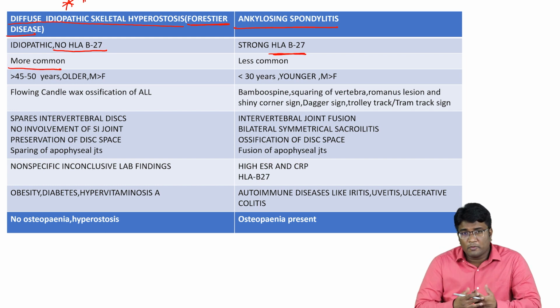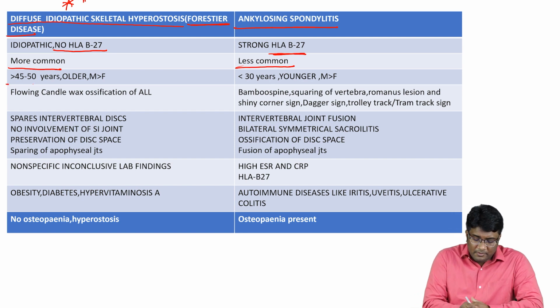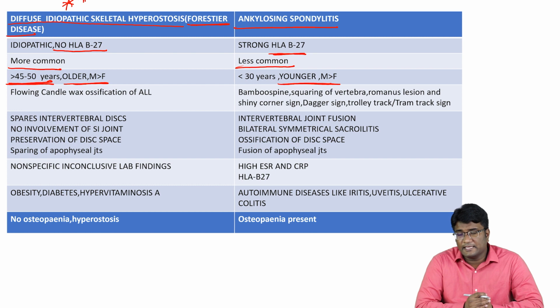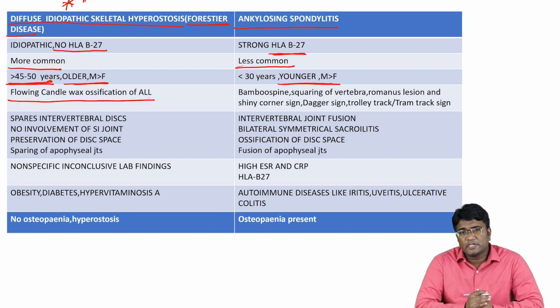DISH is actually more common in incidence compared to ankylosing spondylitis. DISH is common in elderly patients and more common in males, whereas ankylosing spondylitis is common in young males, adolescent males. There is a flowing candle wax-like ossification of the anterior longitudinal ligament.